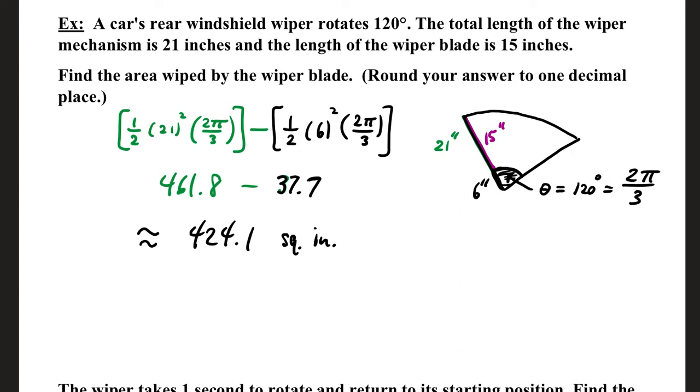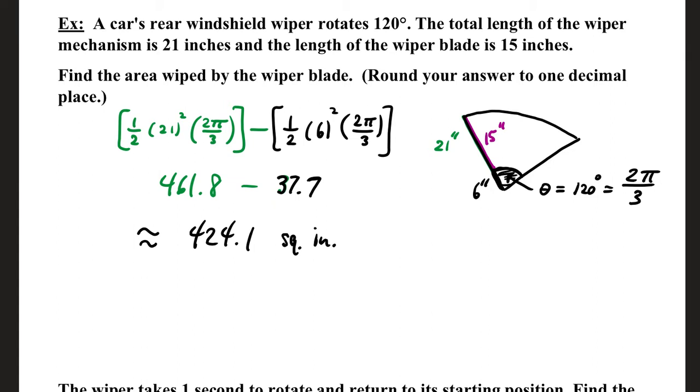So the strategy is this part will be wiped by the blade, so I want to find the area of the entire sector and then remove the area of that unwiped sector. So 1/2 times 21 squared, and 120 degrees is equivalent to 2 pi over 3 radians.